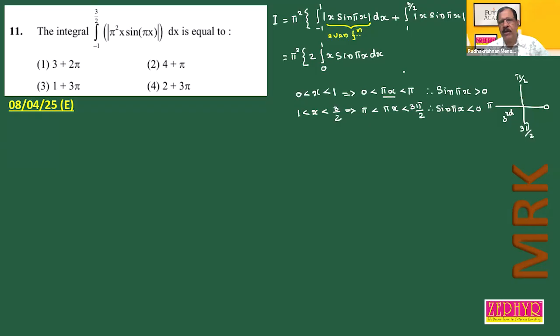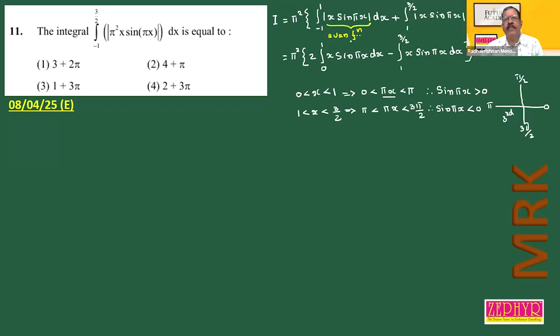Mod x is equal to x when x is positive, mod x is equal to minus x when x is negative. So this we can write as minus integral 1 to 3 by 2 x sine pi x dx. Why? Because x sine pi x is negative when x lies in between 1 and 3 by 2. I hope you understood.